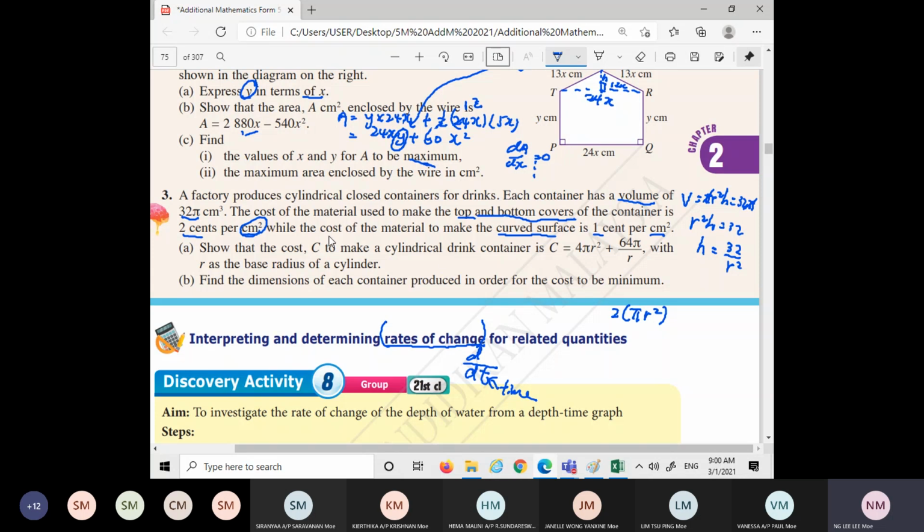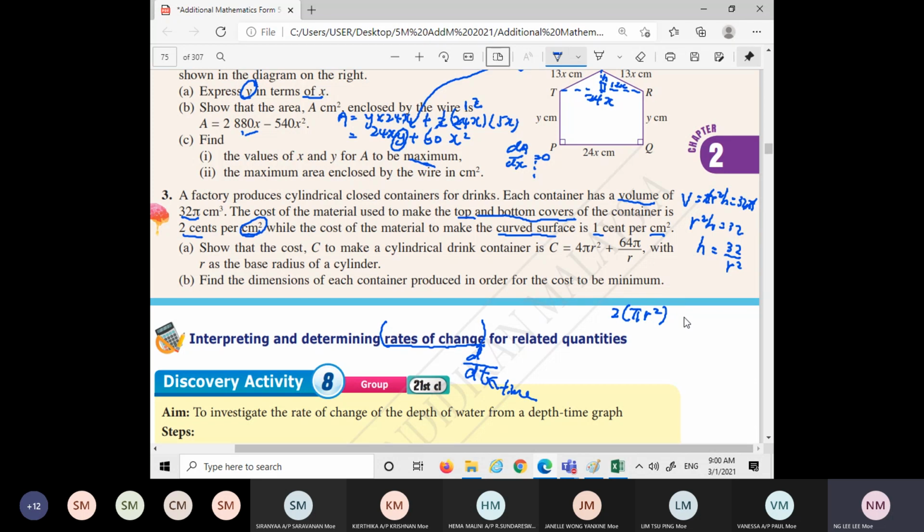Then 2 cents per centimeter square. So what is the cost? Let's say the answer is 10 centimeters square. How many cents? If this is 10, you use 2 times 10 and then get the cost, correct or not?